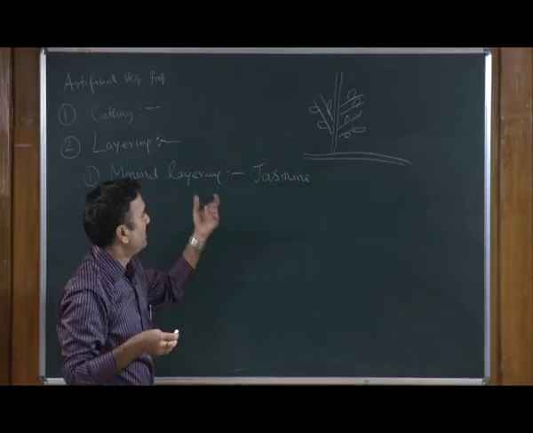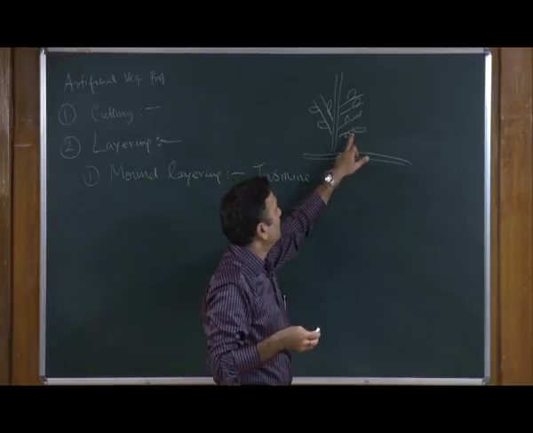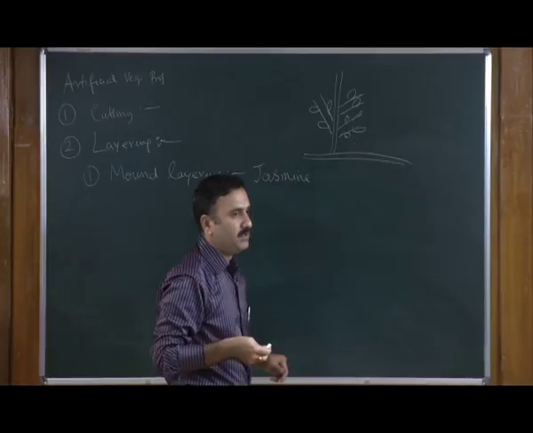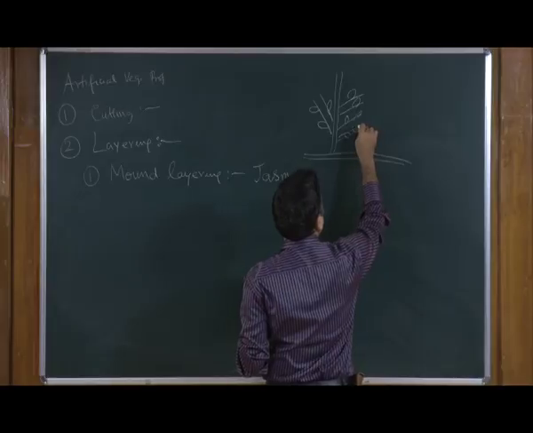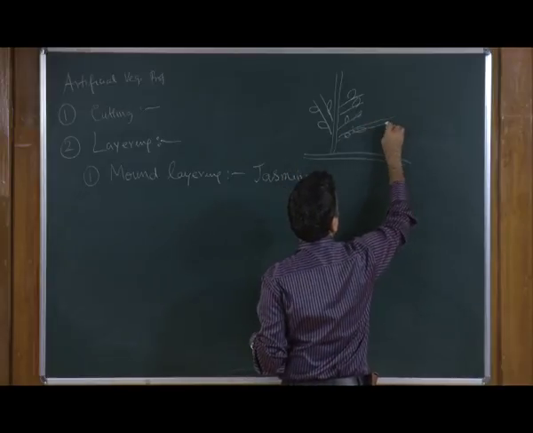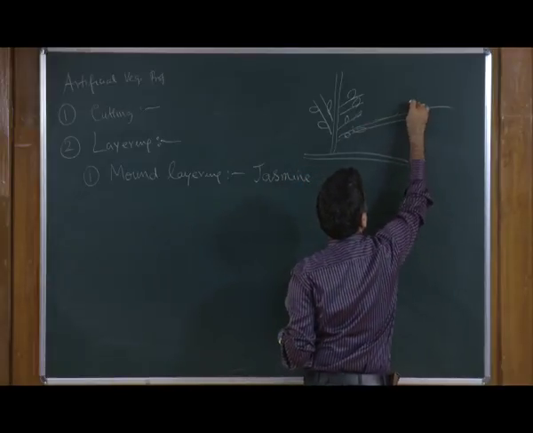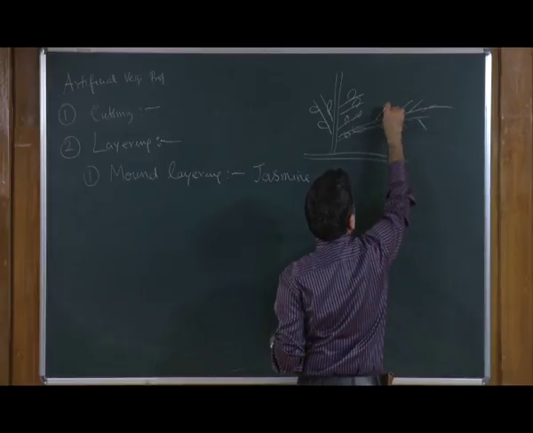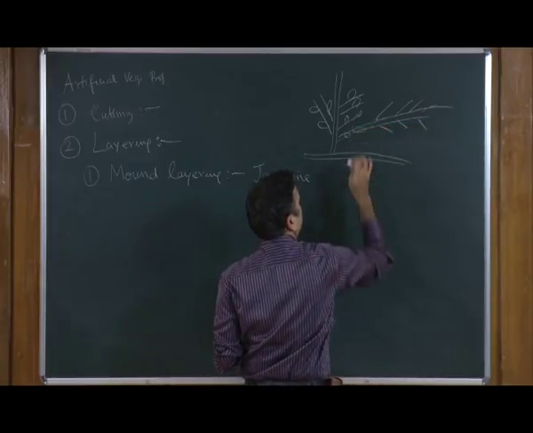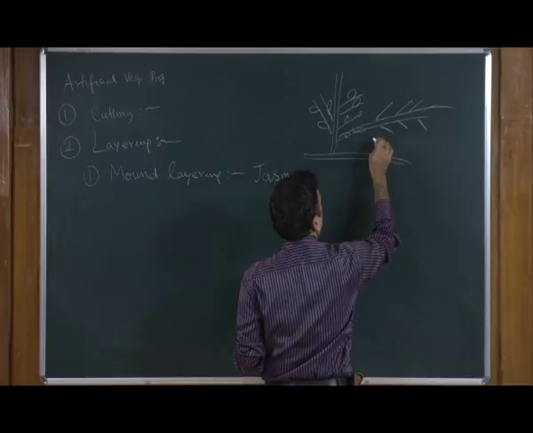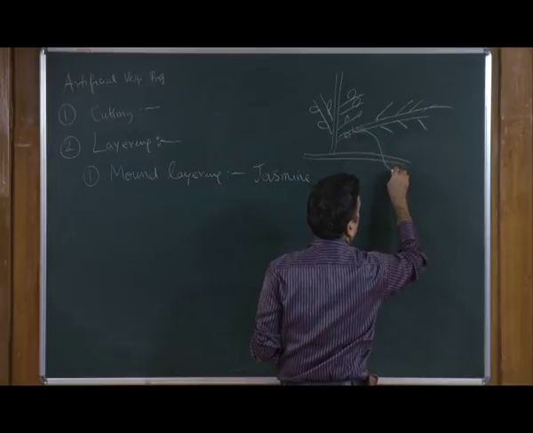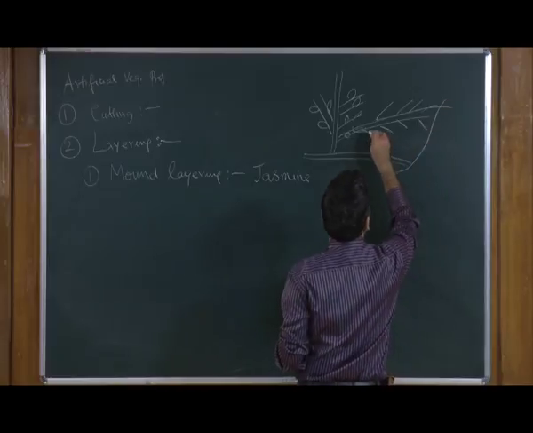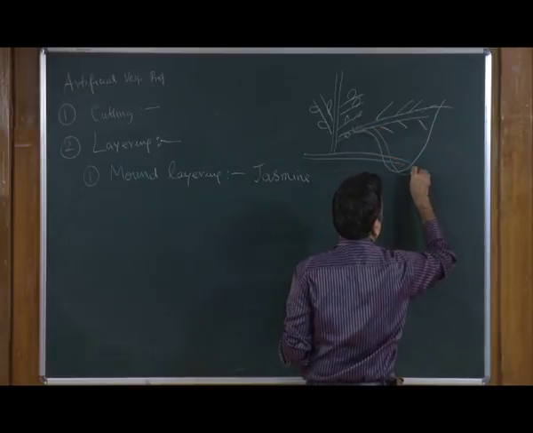In this case, you can take the branches which are closer to the soil. Suppose you have taken this branch, and this branch goes straight like this. Since this branch is closer to the soil, you can take this branch and dump it into the soil.